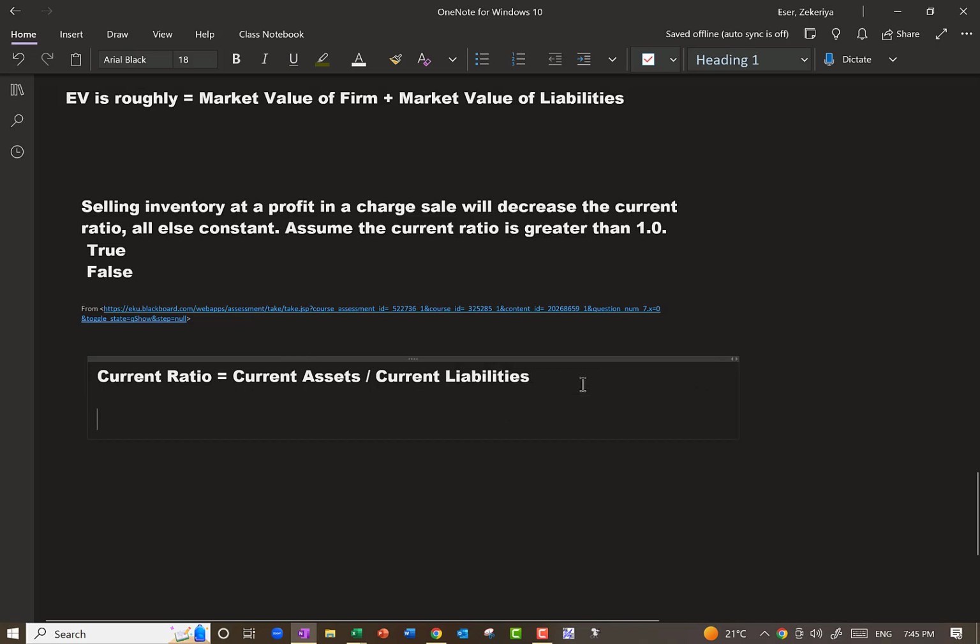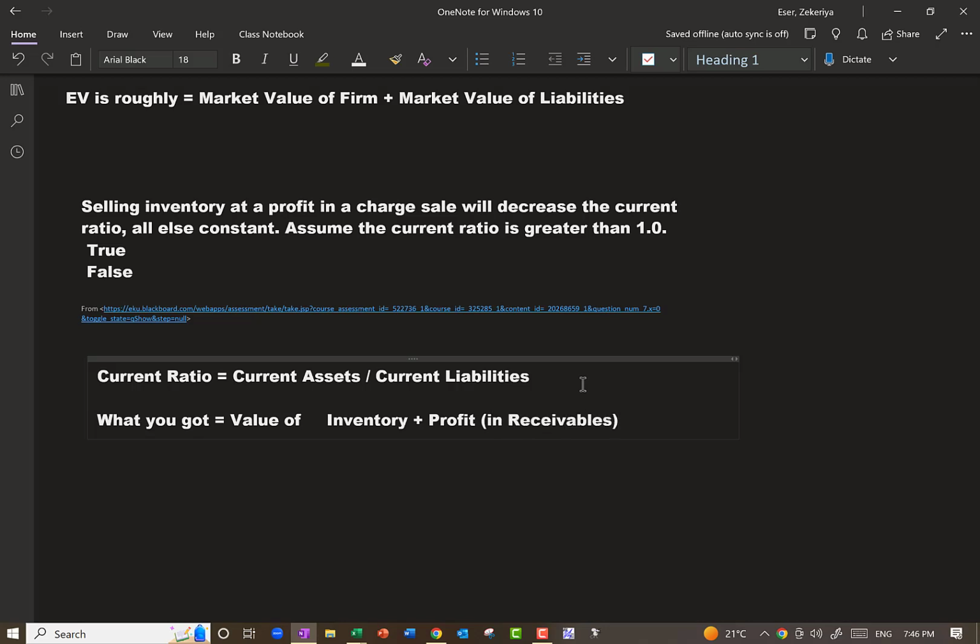Here you sold inventory at a profit, so what you got is the value of inventory plus profit, and you got this in receivables.